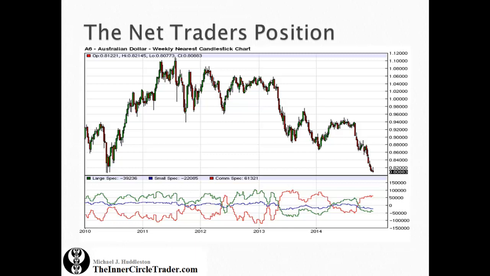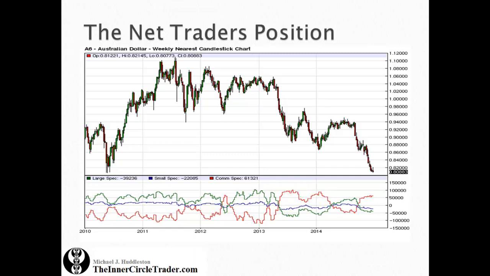If they are above the zero line, as we just indicated, they are net long. Collectively, over their entire speculative interest in the Australian dollar, they are more net long or bullish than they are net short or bearish. To make it easy, they have essentially about 100,000 contracts long here on the Australian dollar.